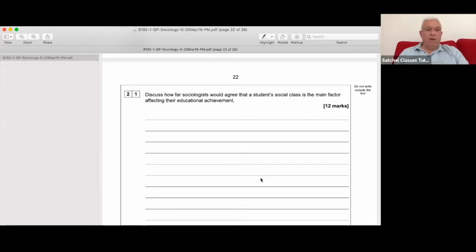Okay. You might also say that some people don't always think that class is that important, that your gender is very important. So for example, feminists would say that gender is very important, as you know.